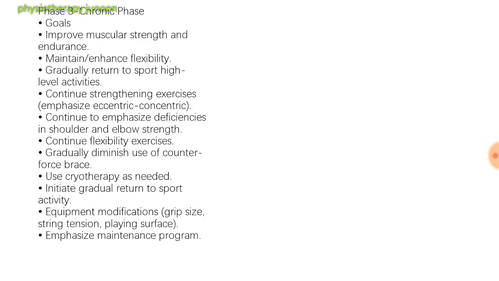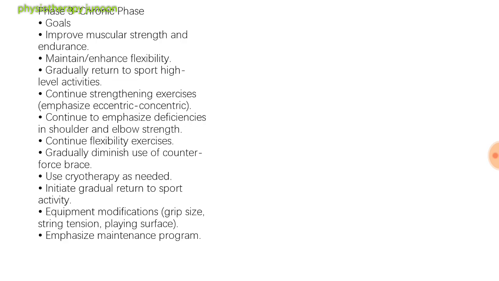Then we proceed to the chronic stage, stage 3. What are your goals? Improve muscular strength and endurance, maintain enhanced flexibility, and gradually return to sport and high-level activity. Continue strengthening exercises with emphasis on eccentric and concentric work, and continue to address deficiencies in shoulder and elbow strength.